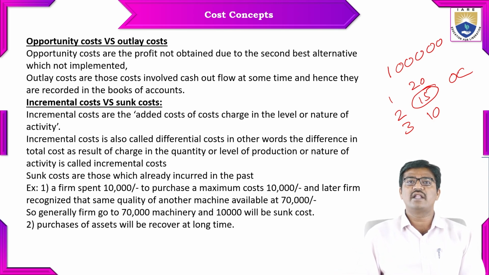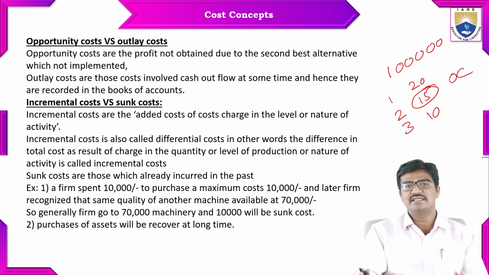And next, outlay cost. Outlay costs are those costs which have a physical cash outflow and an entry in the books of records. Some costs are going to be recorded in books, but opportunity cost is not recorded in the books of accounts.